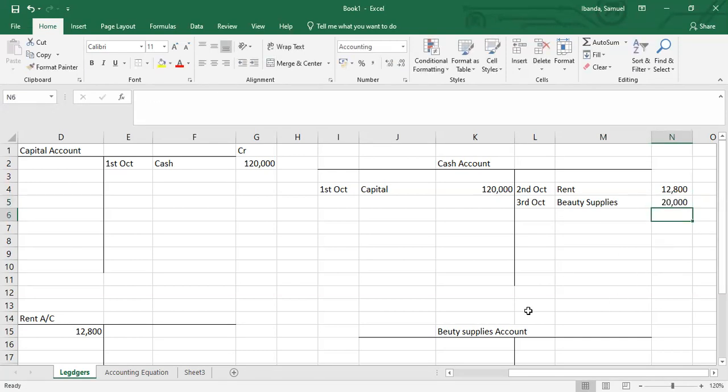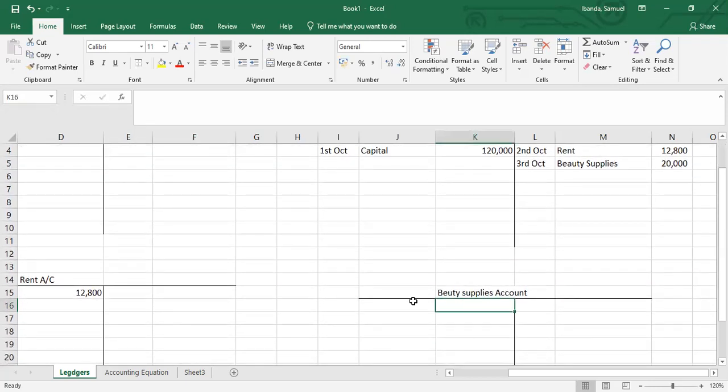Then I'll come to the cash account, still 3rd October, and I'll say beauty supplies, and here it is the same value. There we have done the double entry.